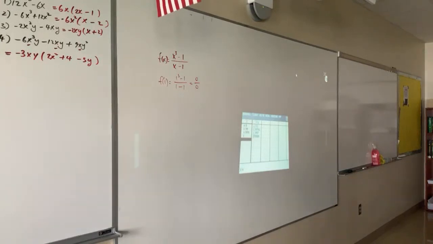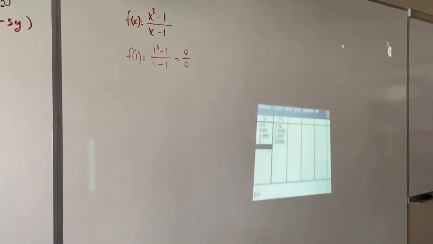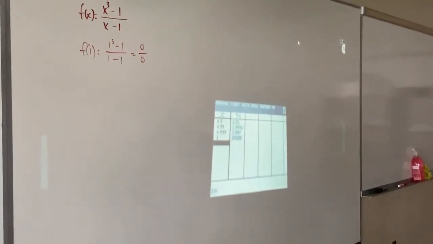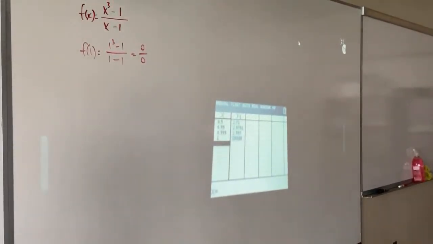Okay, so how many guys need a graphing calculator? How many guys will buy one? You already have one? No, I have one. Who else? I don't have one, but I'm gonna. If you want it, I can sell them.